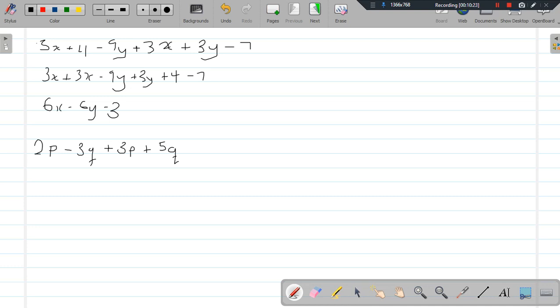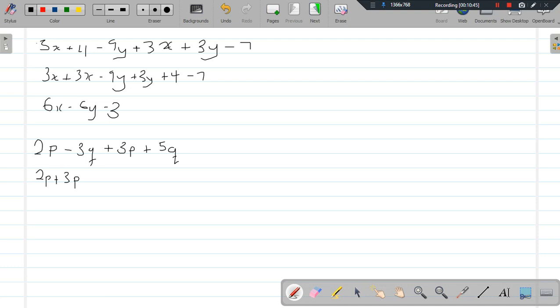So we are going to have our 2p plus, it is plus because this is positive over here, so plus 3p. Now we have been able to group the p variables. We are left with the q.